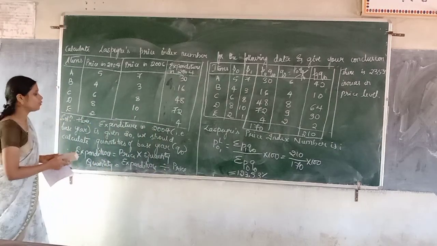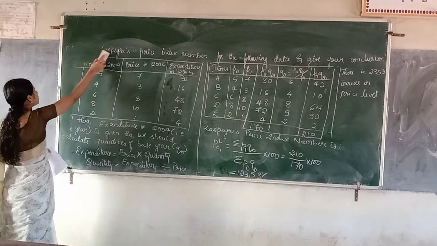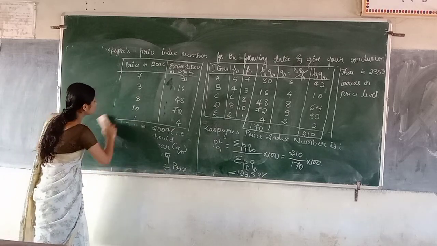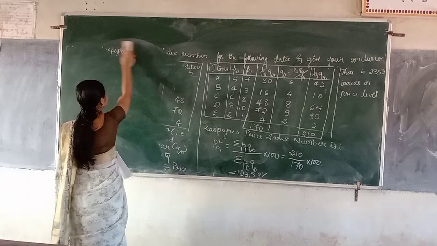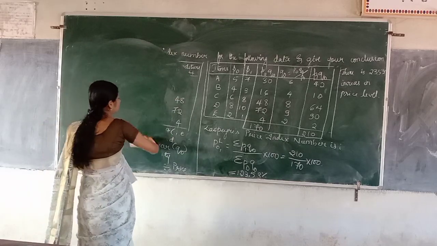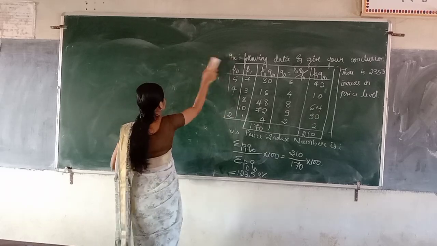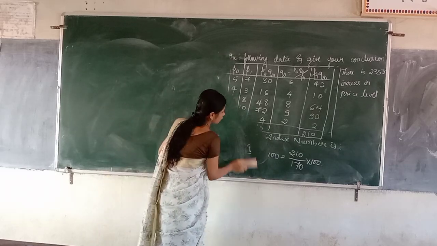Now we will move forward and solve simple problems that may be asked for 2 marks in the examination. So these are the 5 marks problems. Now we will solve small problems that may be asked for 2 marks.